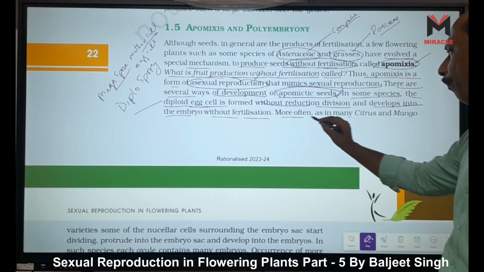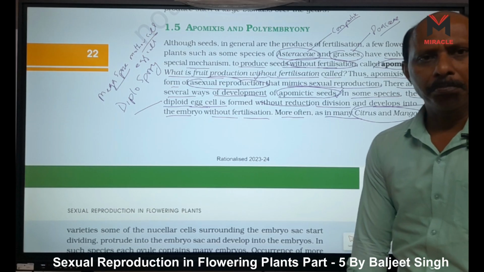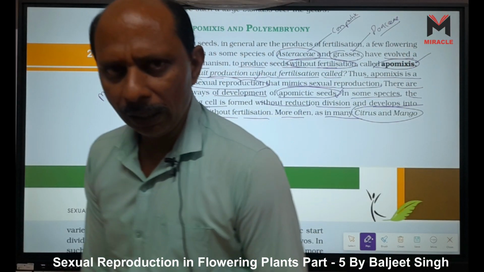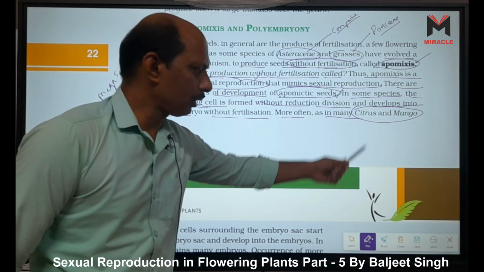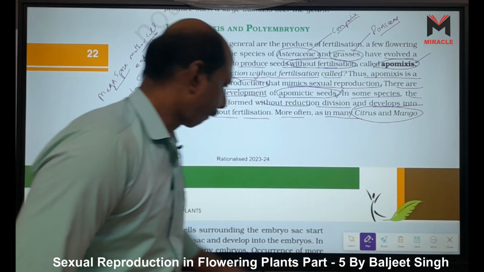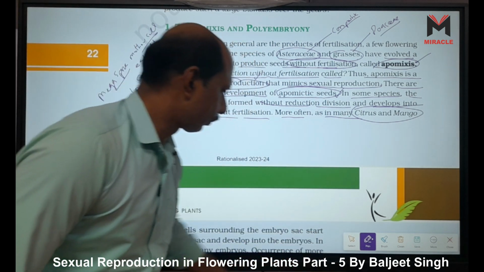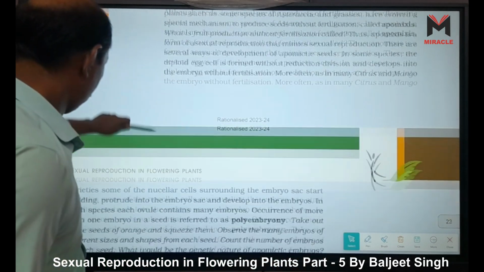What happens more often in many cases like citrus, mango, onion, these are the examples in which more than one embryo is present, right.